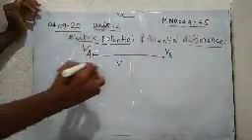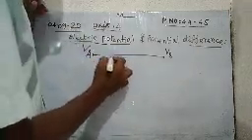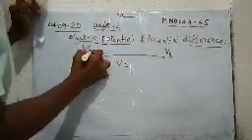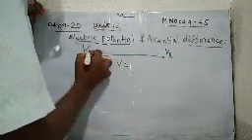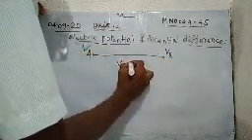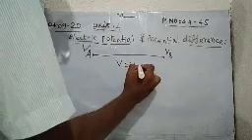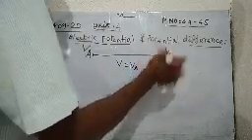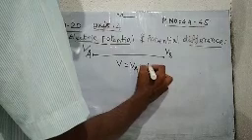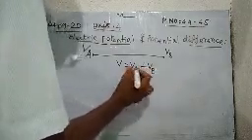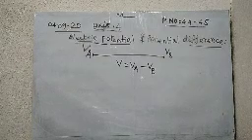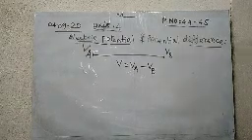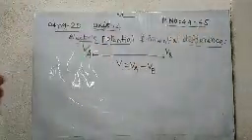Therefore V is the difference in potential. The potential at A is VA and the potential at B is VB. Therefore, VA minus VB is equal to V, which is called the difference in potential or electric potential difference.